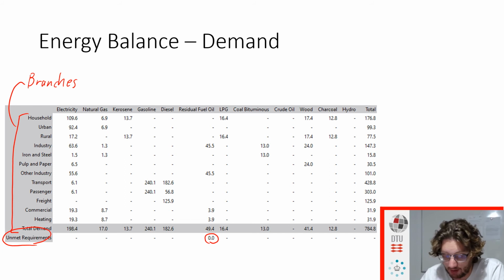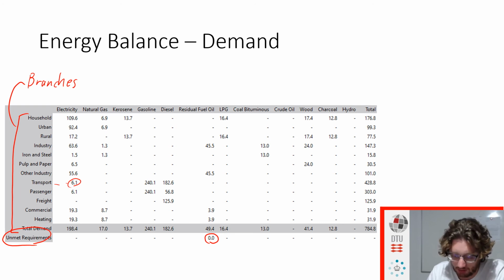But other than that, you can see the fuels in this case, and in most cases, are your columns, and your rows are your different sectors. So in this case, my transport uses 6.1. I don't know what this is.